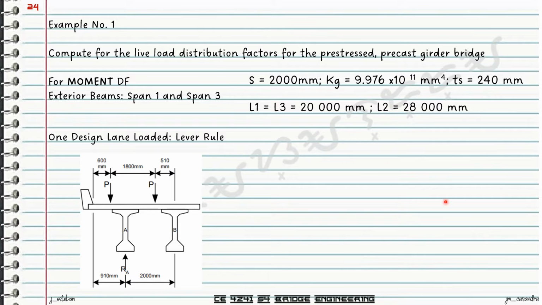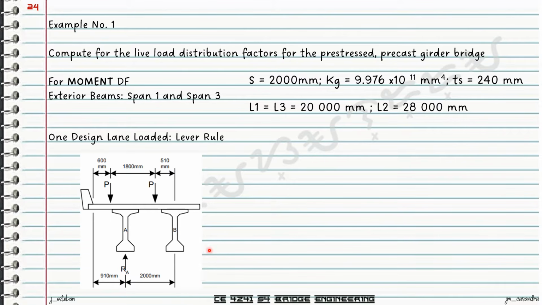So the design truck may now be positioned transversely on our bridge deck such that the center of this exterior wheel is not closer to the edge of the lane than 600 millimeters. Okay.